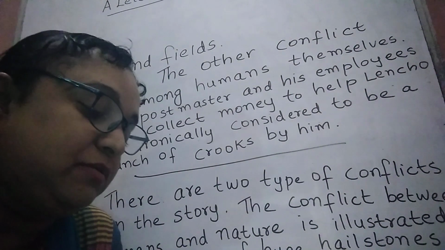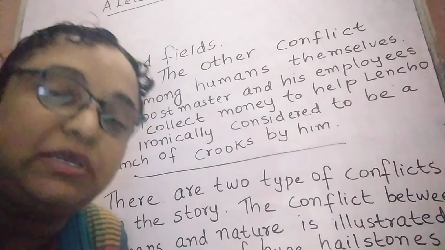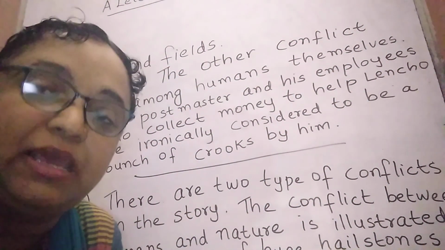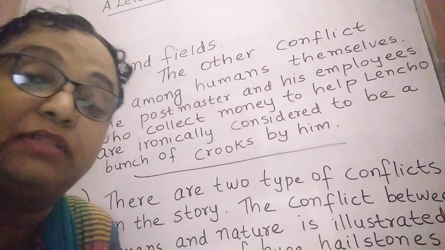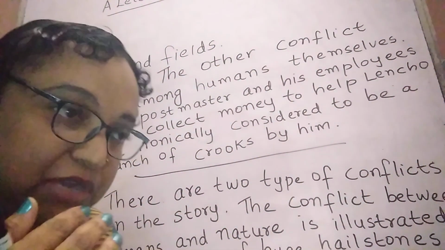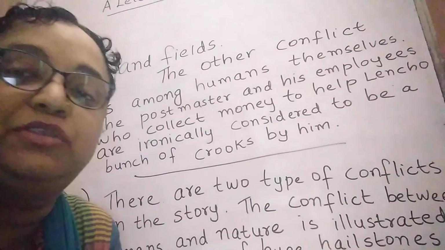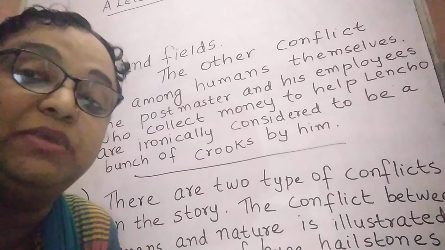In your future also that will be beneficial for you. Try to understand the chapter thoroughly and then study the question answer. Don't try to study it by heart, but just try to understand what is written there, and then study the answer so that it will be easy for you to write your exam.